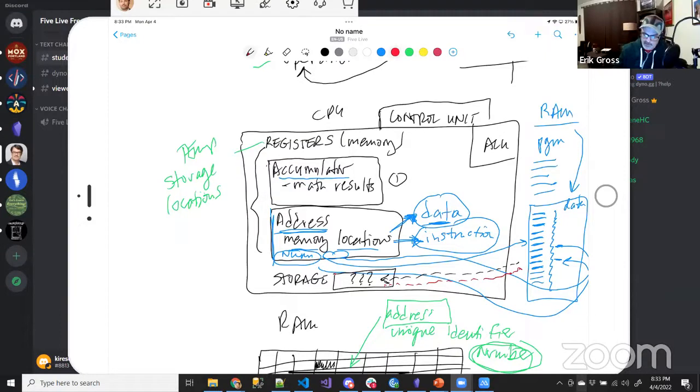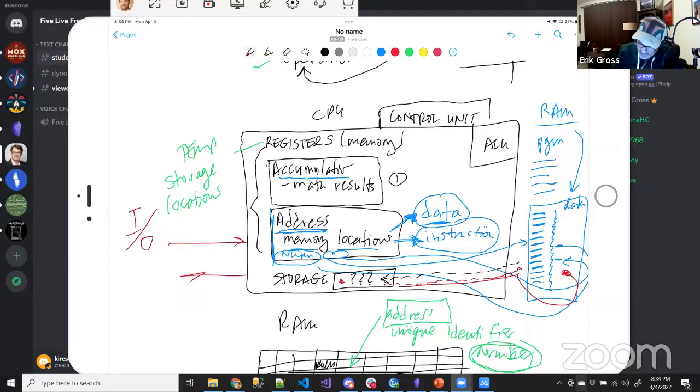Bingo. The CPU, we already know, has input and output wires that come in and go out, so it can take in the data. And now we know that it can do things with that data. You can put it in this storage area and then send it out to store it somewhere in memory.